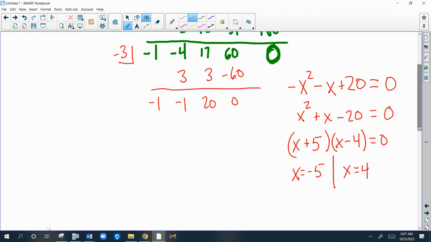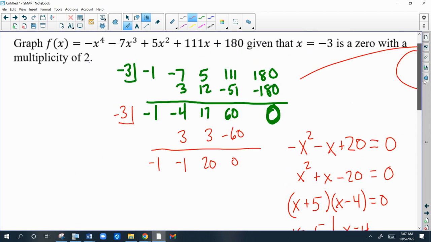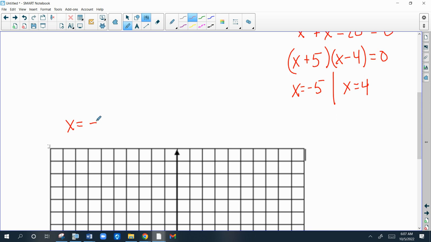So my zeros are x equals -3, with a multiplicity of 2. So it's going to bounce off that one because it's even multiplicity. x equals -5 and x equals 4.